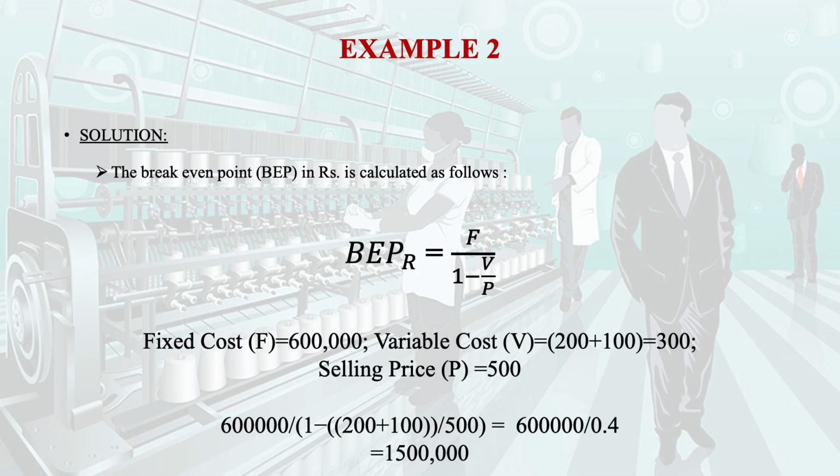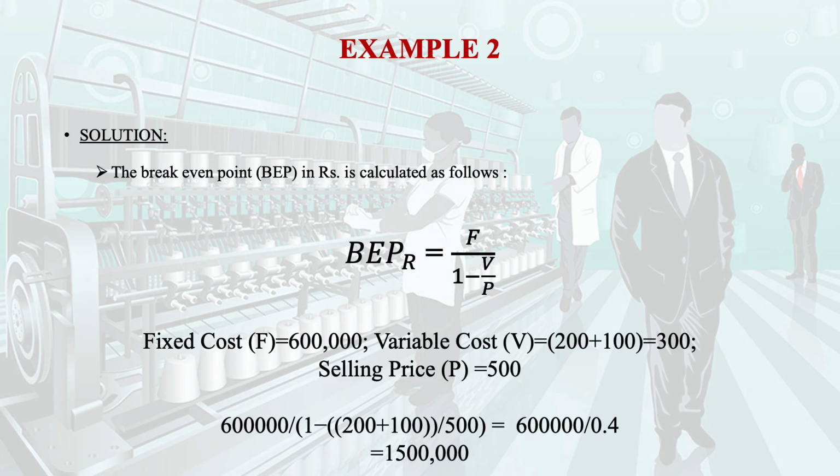The formula for break-even point in case of revenue is F divided by 1 minus V upon P. V is the variable cost and P is the price. We know that 6 lakhs is the fixed cost, variable cost is 200 plus 100, that is 300, and the price is 500.